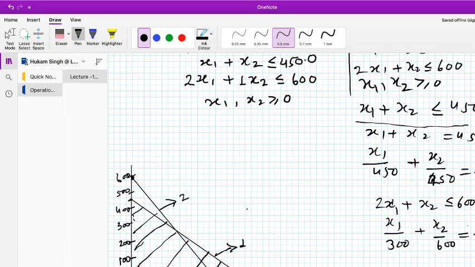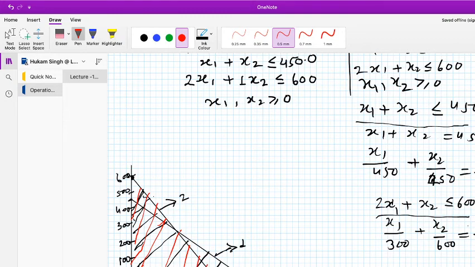Remember again, this is the equation of a line, but our original constraint is 2x1 plus x2 less than or equal to 600. So again, all the points below this line will satisfy the constraint.